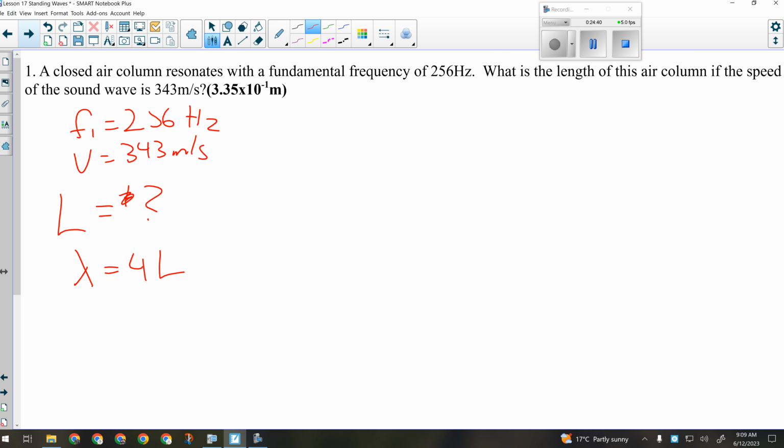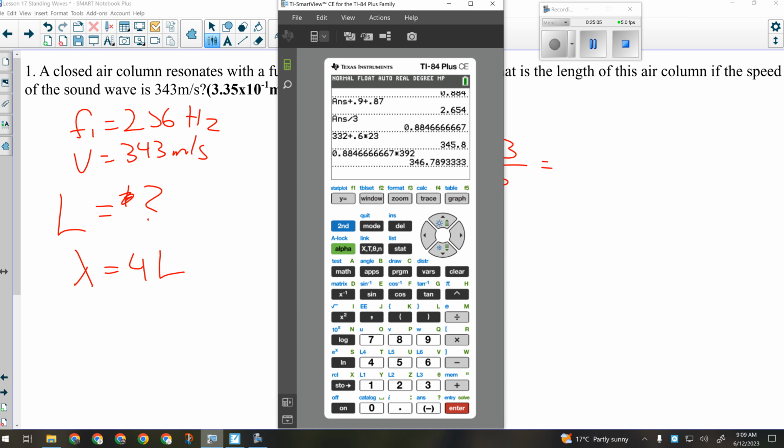I can calculate lambda. They give me enough information to calculate lambda. So, 343 divided by 256 will give me the wavelength of the waves.